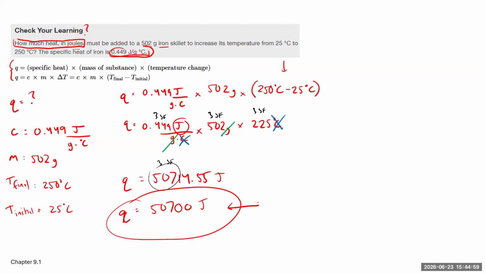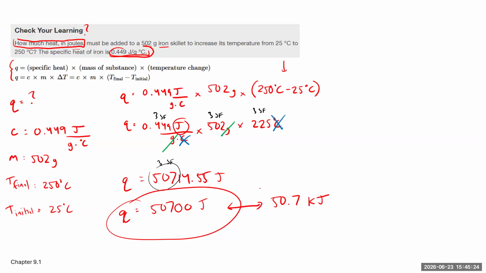Now, since we know the metric system already and prefixes and everything, we could also call this 50.7 kilojoules, right? And if you need a refresher, go back to topic 6. It walks us through the exponential notation, scientific notation, standard notation, and going back and prefixes, right?